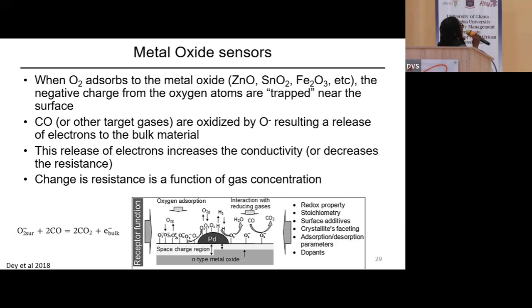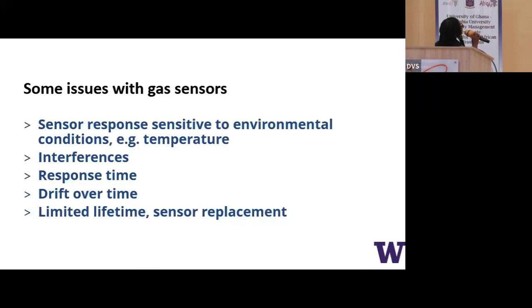The first gas we looked at was carbon monoxide. Here, carbon monoxide is oxidized by the negative ion, resulting in a release of electrons to the bulk material. This release of electrons increases the conductivity. So the change in resistance is also measured here. Next slide.